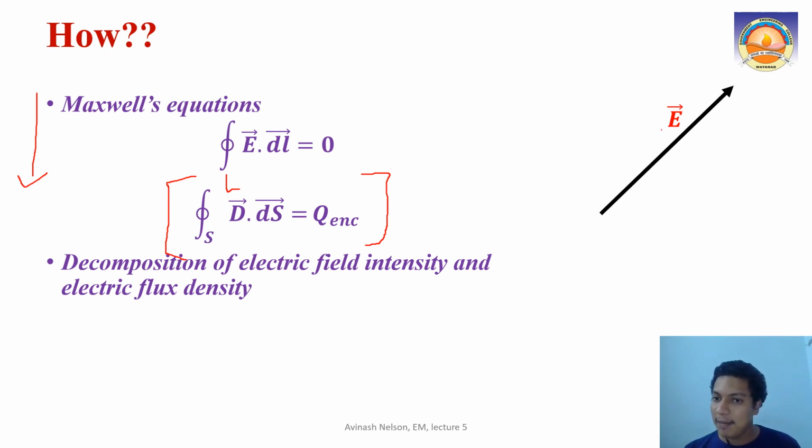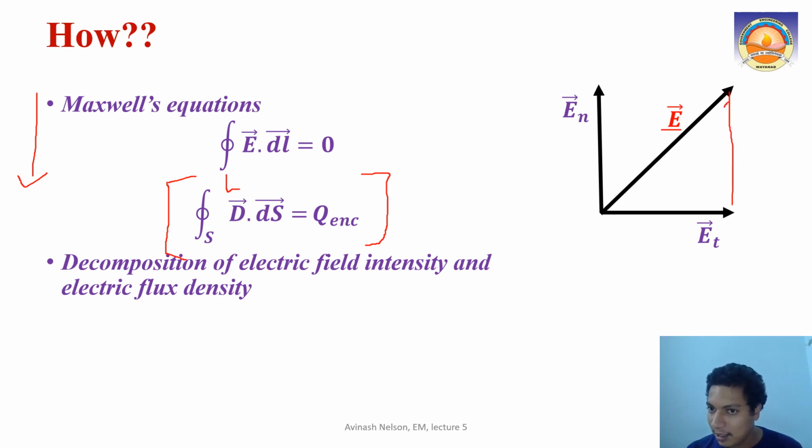So this E can be decomposed into two vectors, the tangential component Et and the normal component En. Et plus En gives me vector E as per the triangular law, right? Et in this direction and En in this direction. If you add them up, you get vector E. These are the concepts we are going to use to find the boundary conditions.